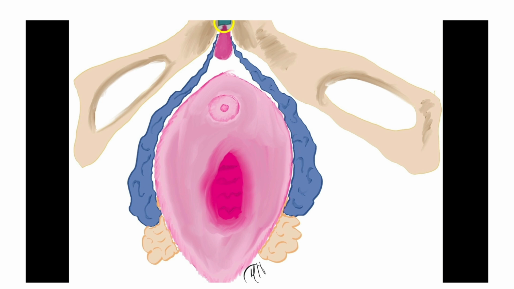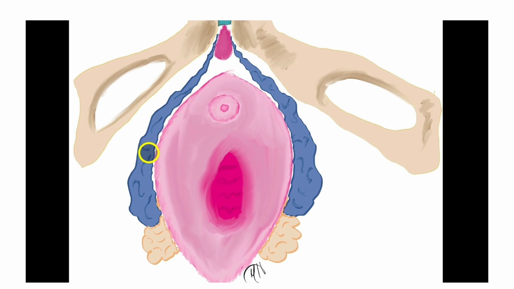This right here is the pubic symphysis with some fibrocartilage between those bones. This is the clitoris right here. And once again, this is the vestibule, which is the space or region that is confined by the labia minora. Keep in mind, the labia minora is not shown in this image. This is the vaginal orifice. This is the external urethral orifice.